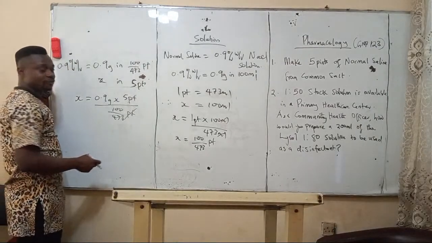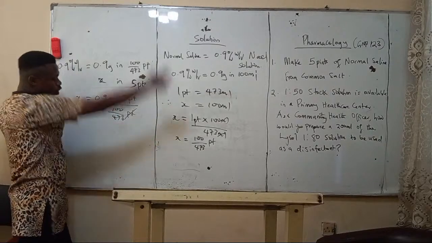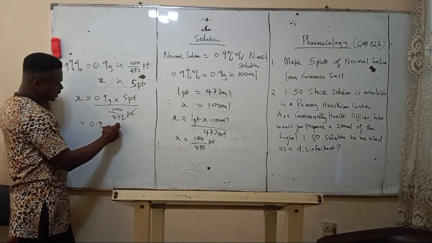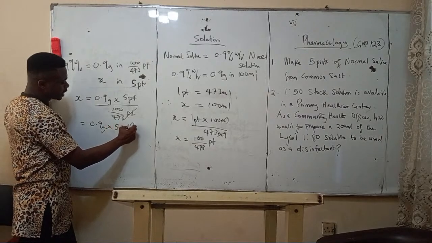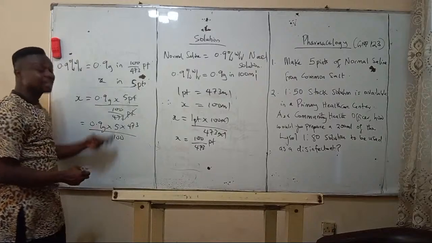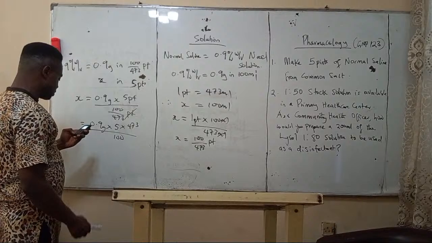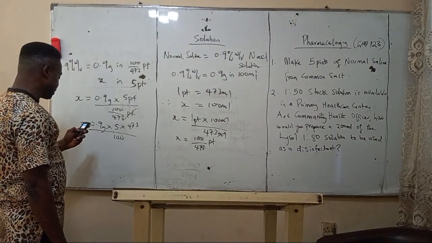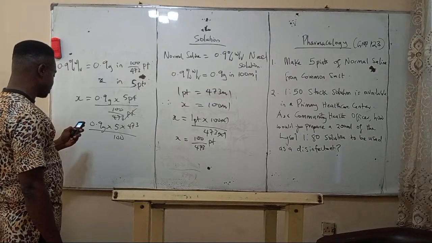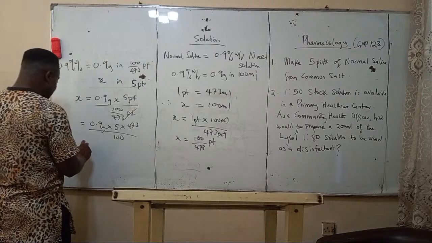Remember the rule of fractions, this is divided by 100 over 473, so 473 will come up. We now have 0.9 gram times 5 times 473 over 100. If you divide through, we'll get the same answer. Let's see. 0.9 times 5 times 473 divided by 100 is equal to this.